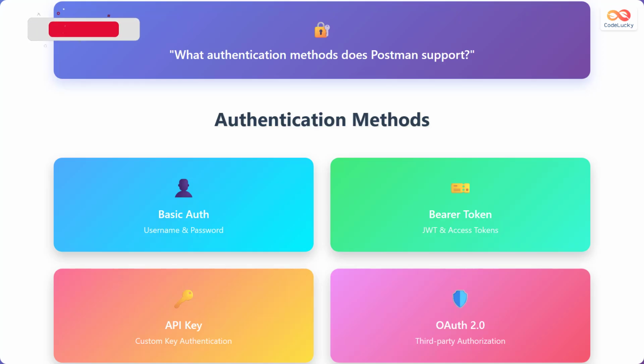OAuth 2.0 is a more complex but secure method that involves obtaining access tokens through an authorization server. Understanding these authentication methods is crucial because different APIs use different security approaches, and you need to configure Postman correctly to access protected endpoints.